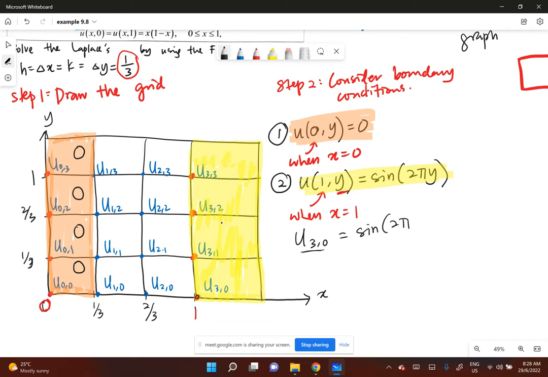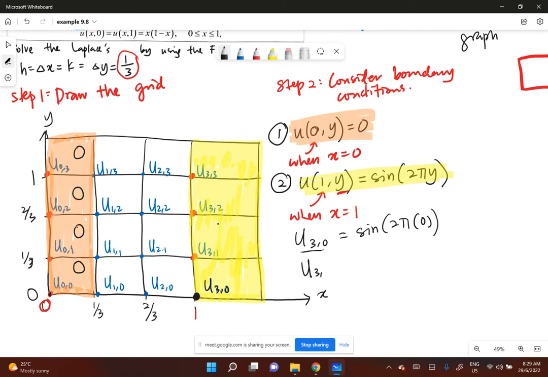It's 0. U30 here is actually at 0, 0, 0. So this is 0.